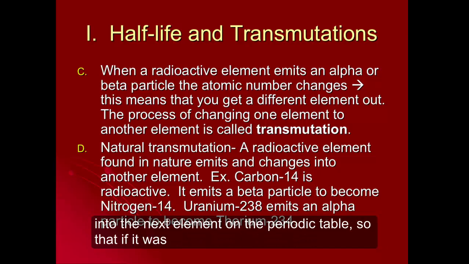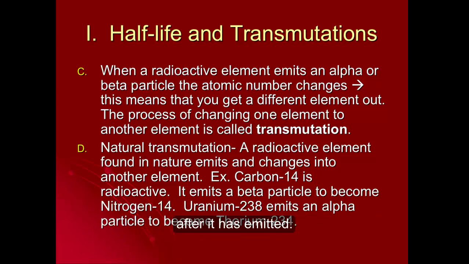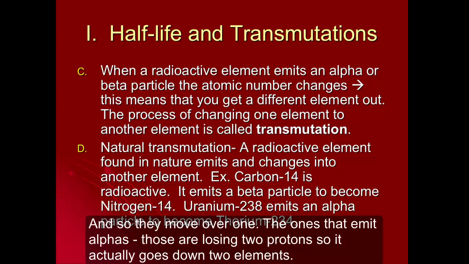It will turn into the next element on the periodic table. So if it was carbon to begin with and it emits a beta particle, you'll end up with nitrogen, the one next to it. They move over 1. The ones that emit alphas are losing 2 protons, so it goes down 2 elements.